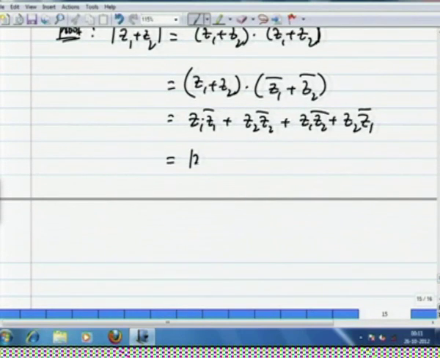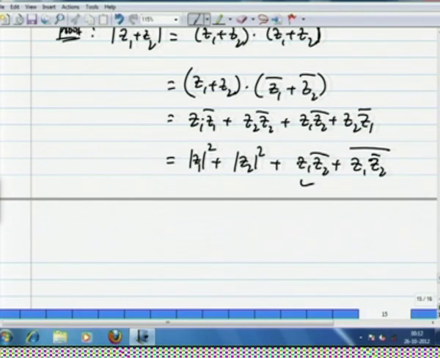This we know is the modulus of z 1 squared, and this is the modulus of z 2 squared by the previous properties. And then z 2 z 1 bar can be seen as the conjugate of z 1 z 2 bar, the second term is the conjugate of this term.